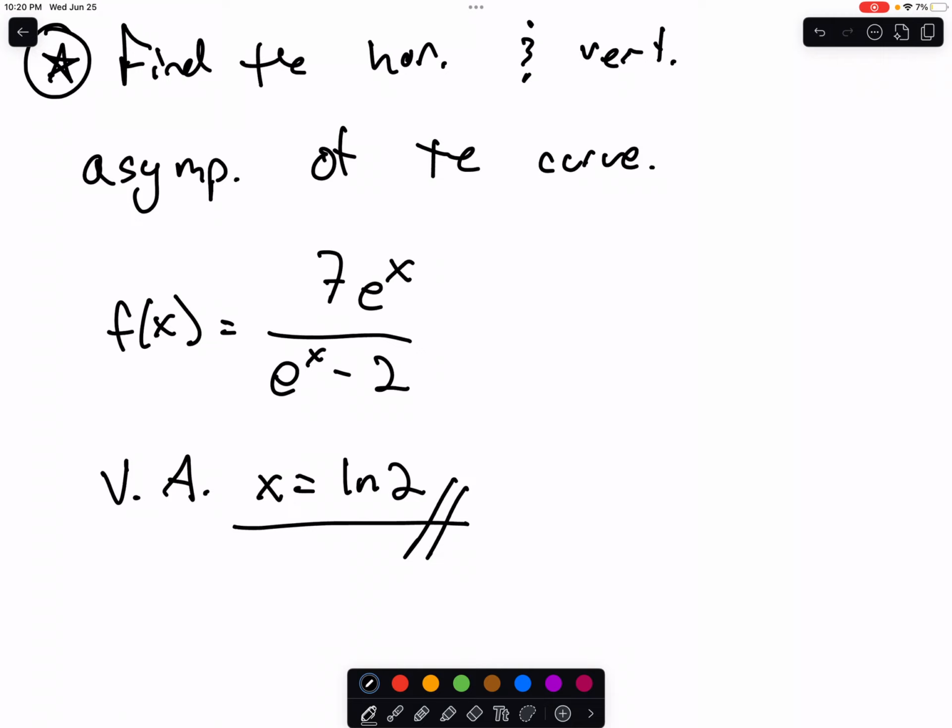And then for the horizontal, I think we have 2 of them. So that was the vertical. The horizontal asymptote should be like y equals 7 or y equals 0. When we go up to the far right, it tends to 7.